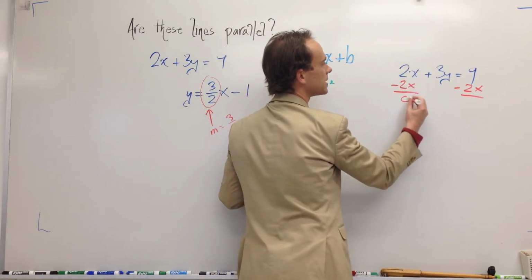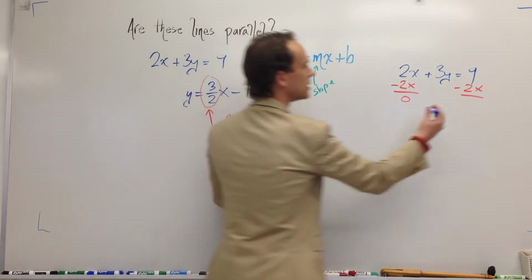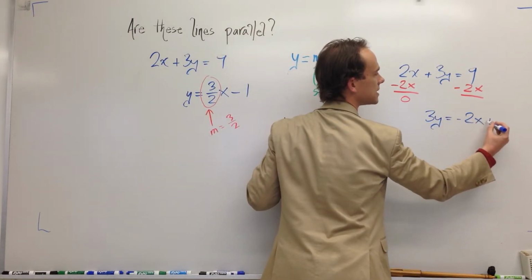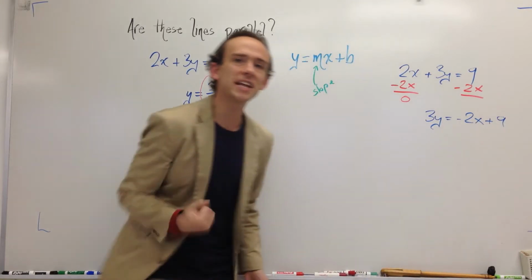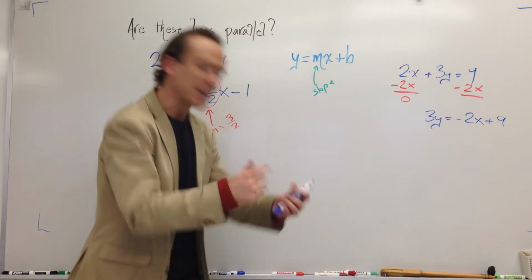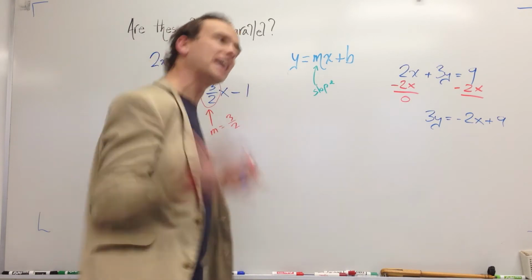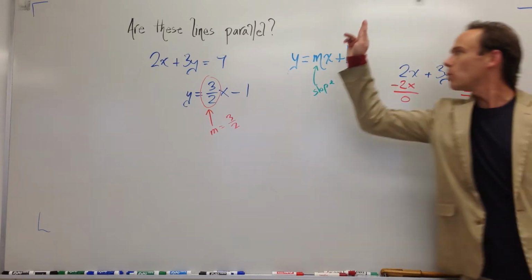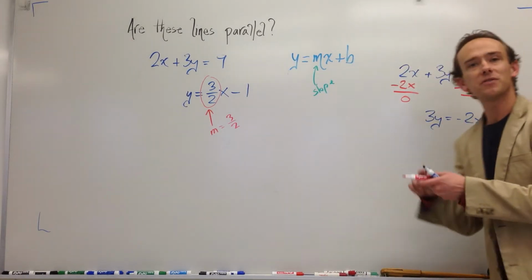So we get 2x minus 2x is 0. Now we get 3y is equal to negative 2x plus 9. Now we're almost there. Y is almost alone. The only thing standing between us and y by itself is this 3. It is y times 3. I don't want y times 3, I want y. So do the inverse operation.